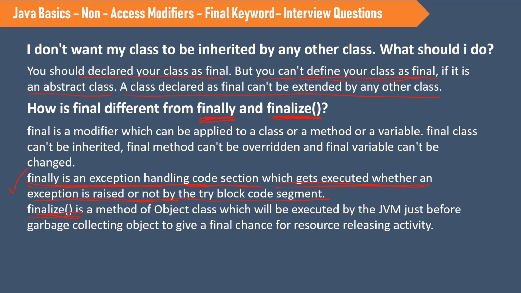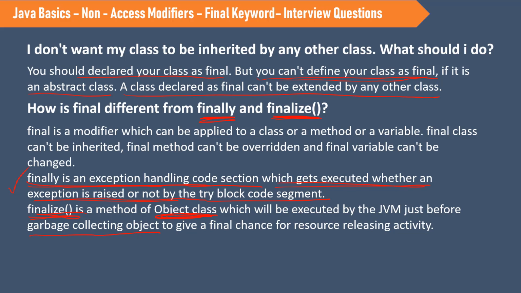Finalize is a method of Object class. So this is the top class we have in Java. So finalize is the method of Object class which will be executed by JVM just before garbage collecting an object. We have already seen in the first video that garbage collection is a process which runs as a separate thread in the background which checks the memory to see if there are any objects that are not useful anymore.